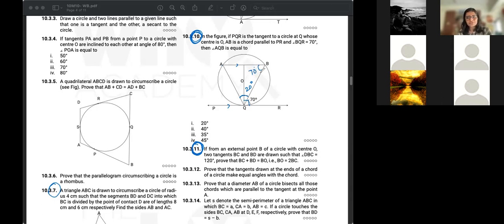Alternate interior, absolutely. Then? And OQR is 90 degrees, so this will be 20. Ritvik has mentioned that. Then that will be 20.